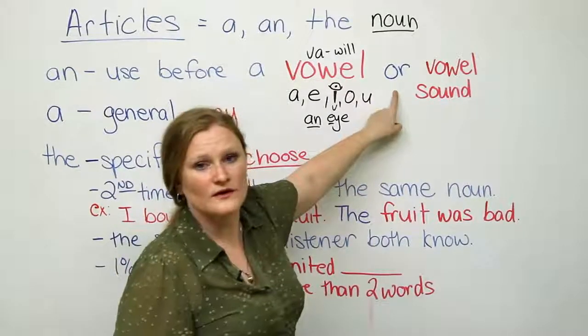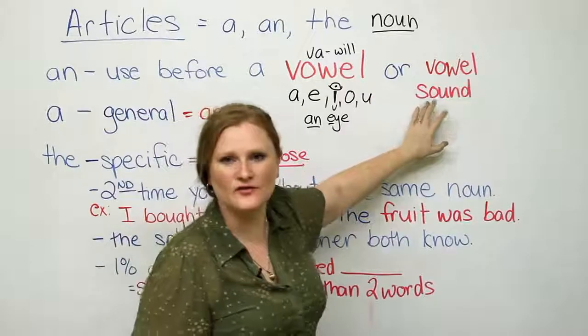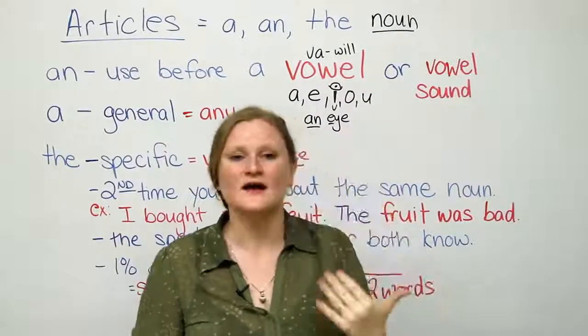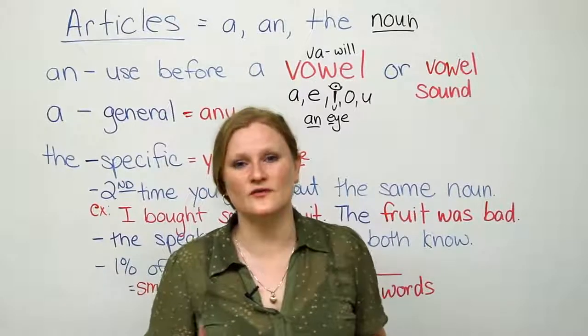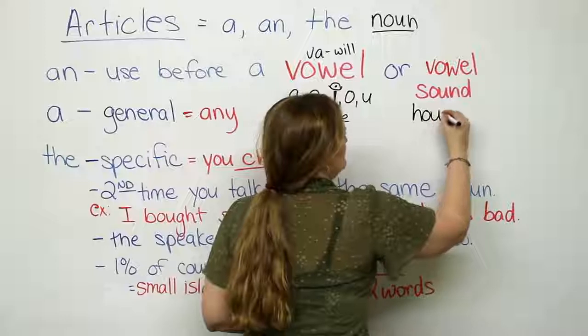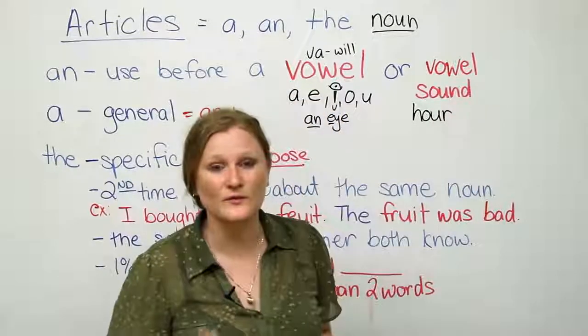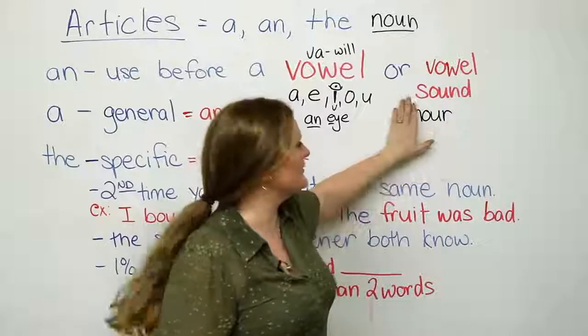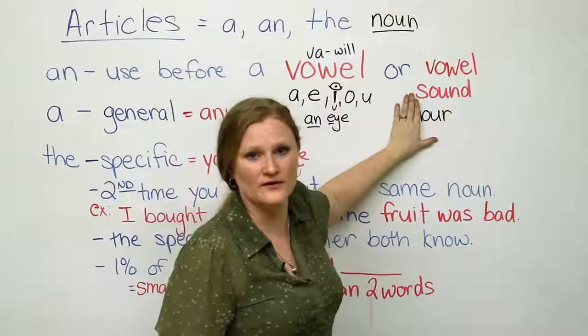Or, if the word begins with a vowel sound, what is a vowel sound, Ronnie? A vowel sound is usually always the letter H. For example, the word hour. We do not even say the H. It sounds like we're saying our.